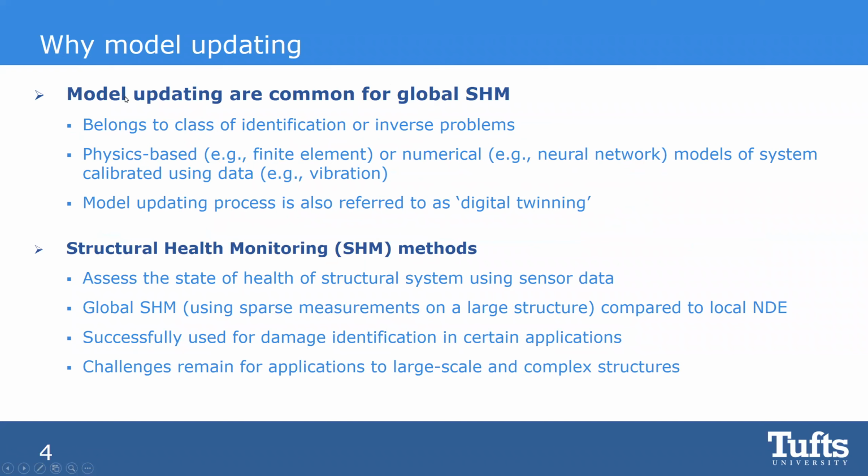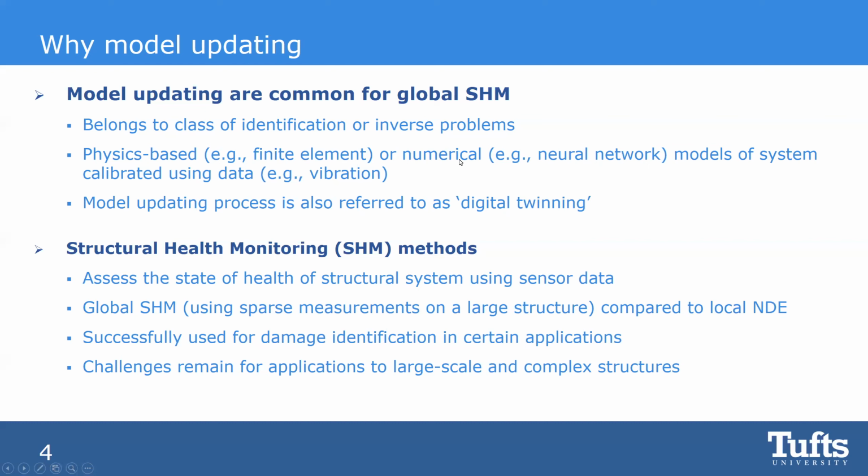So why model updating? Model updating initially was very common for global structural health monitoring. It is an inverse problem. Basically, you know your measurements, you have an initial model, and then you want to tune your model to represent the data. And the model can be anything, basically. It can be a physics-based finite element model, in a finite element code, in state space, a second-order differential equation, a finite difference equation, whatever.